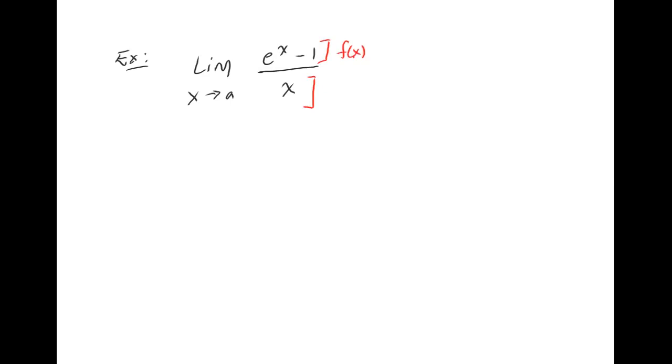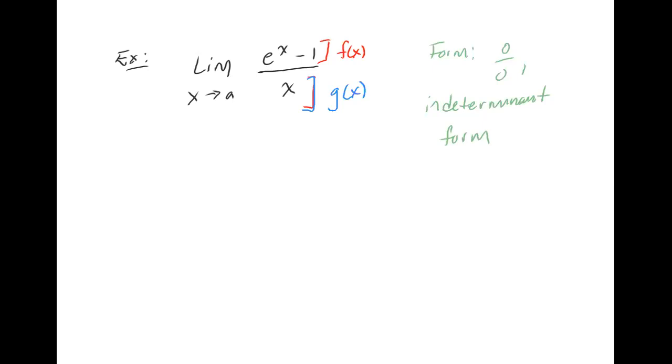We'll call this bottom function g of x. And we already noted the form. The form is 0 over 0, which is most certainly an indeterminate form, one of the ones that we mentioned. And it looks like from L'Hopital's rule that I need f prime and I need g prime.